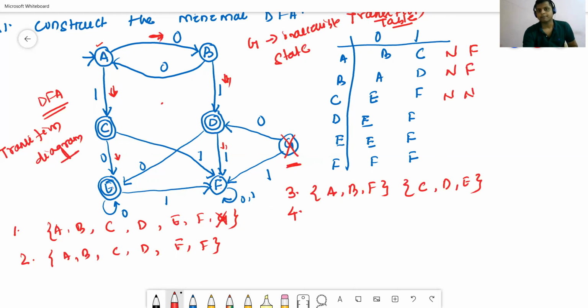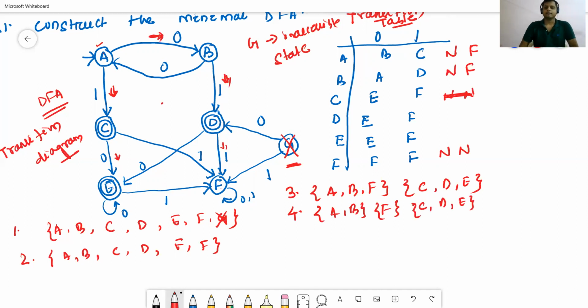So A and B both read 0 and go to a non-final state, and both read 1 and go to a final state. Now we separate A, B as one state and F as one state. Sorry, this is not C, this is F. So A, B is one state, F is one state, and C, D, E is one state.